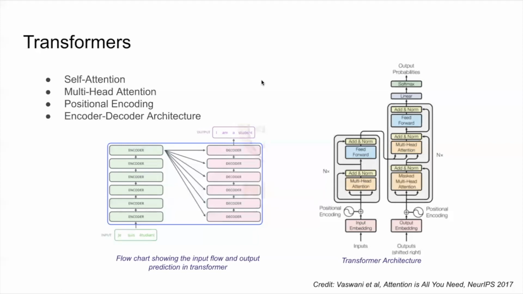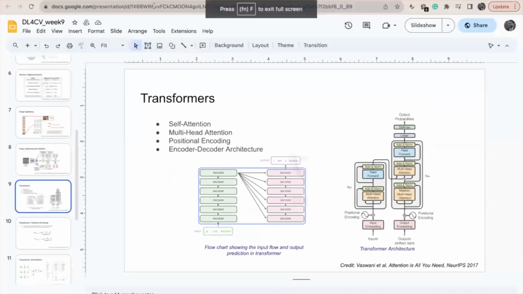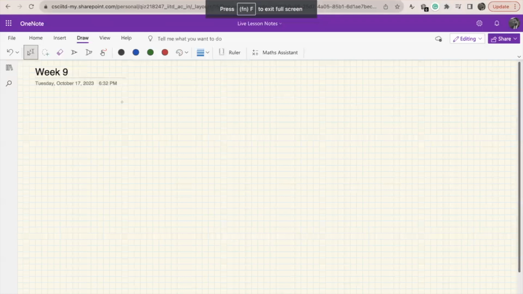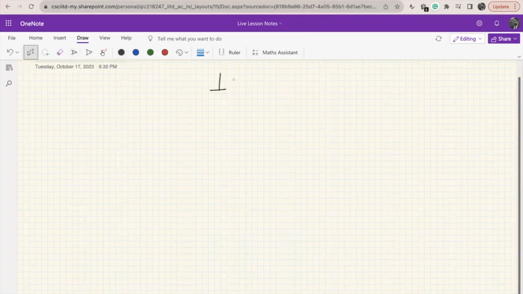Okay. So the break is over now. Before going to discuss transformers, I'll also use a notebook to describe transformers.